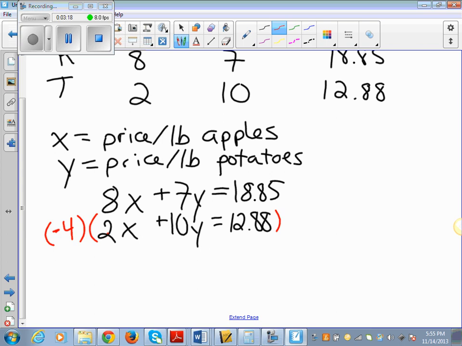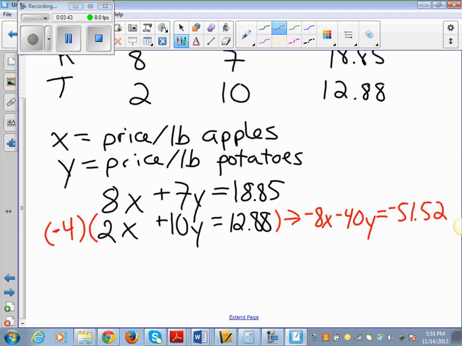So we would rewrite that over here as -8x minus 40y is equal to 12.88 times -4, which is -51.52.